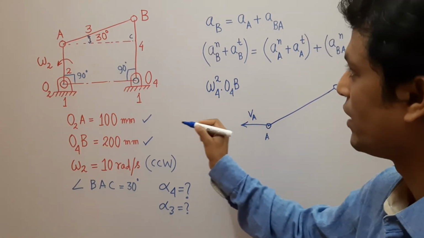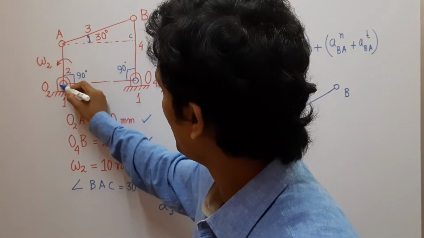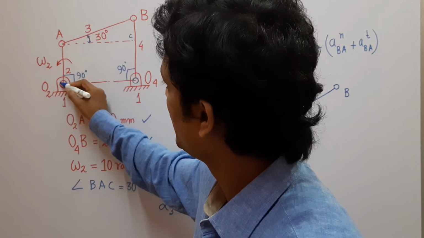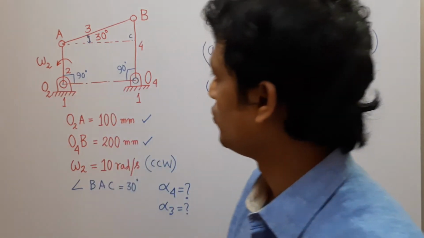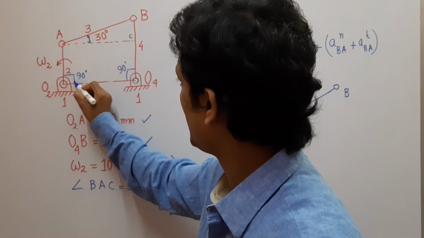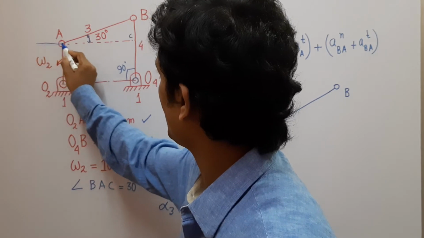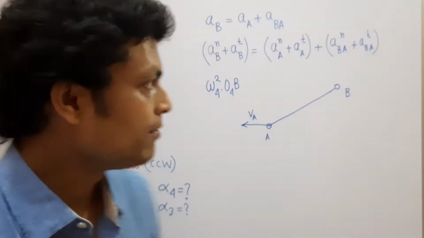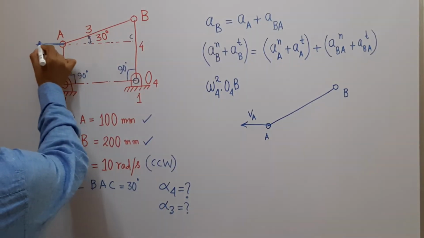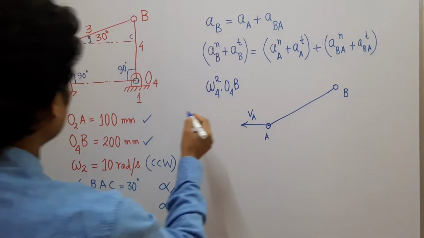VA is in horizontal direction because link 2 is rotating about the revolute joint O2 or hinge O2. And this makes 90 degree. So VA is perpendicular to O2A, which is nothing but along horizontal direction.